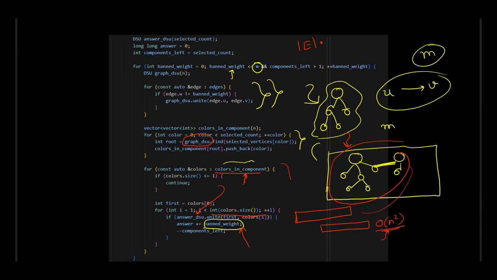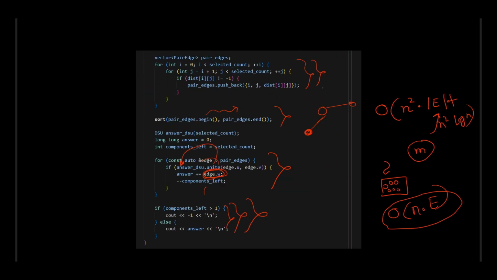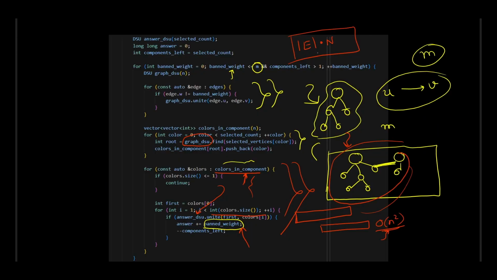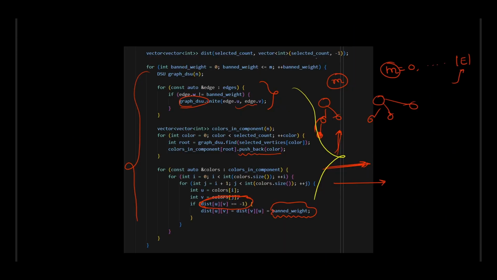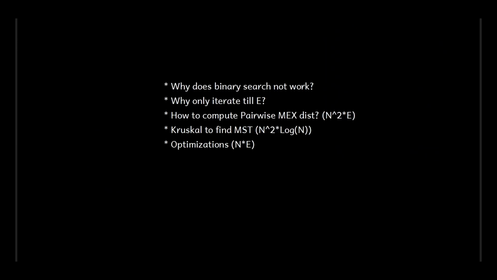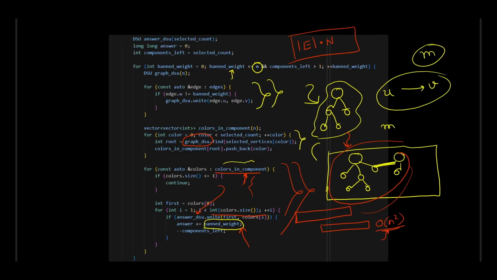So even though this looks like O of n square, there is no nested for loop, but this is just like your adjacency list. So the time complexity is n into E. And in this manner, we were able to solve this problem and optimize it from n square into E to n into E.